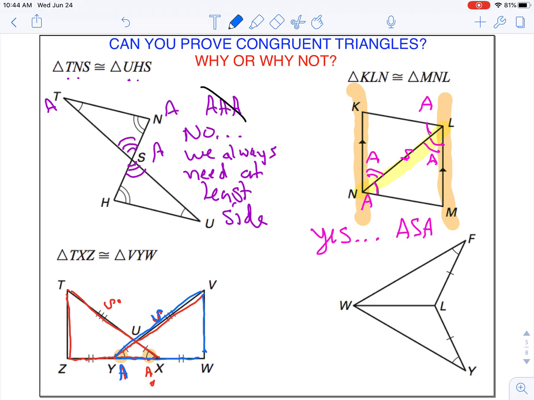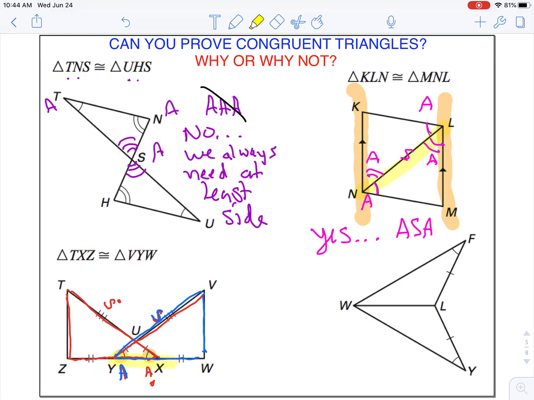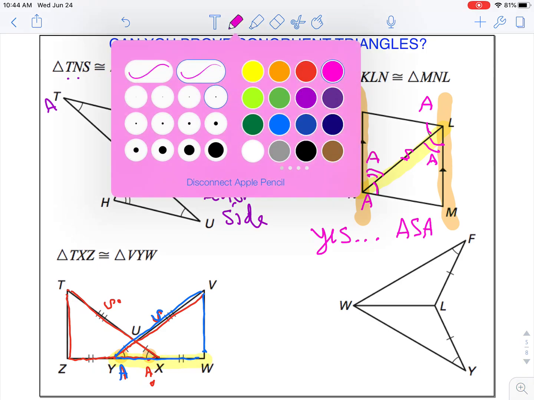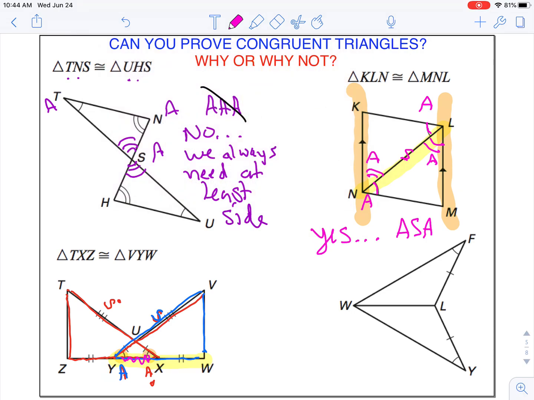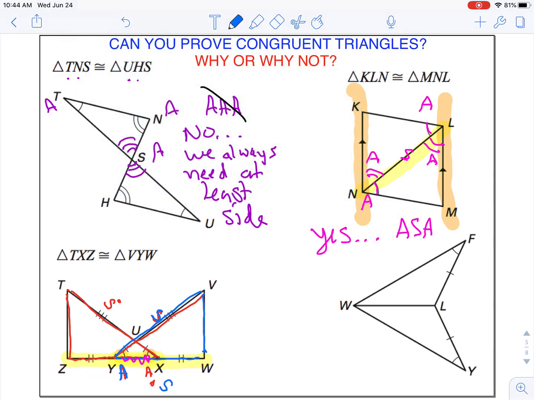But if you look at this side right here, it is two tick marks plus this segment in the middle, and it's overlapping with this other side that's two and that same length. So we actually do have another side, YW in the blue triangle and XZ in the red triangle.